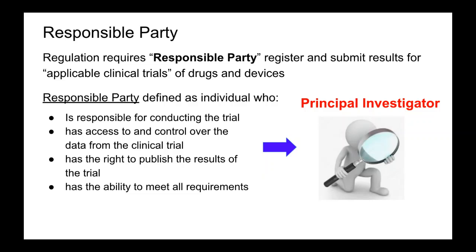These responsibilities are usually the principal investigator's. Therefore, at UT Southwestern, the expectation is for the PI to be the responsible party, and the PI needs to be listed as a main contact in the CT.gov record. The PI needs to review the record for accuracy and submit it to CT.gov for their review.